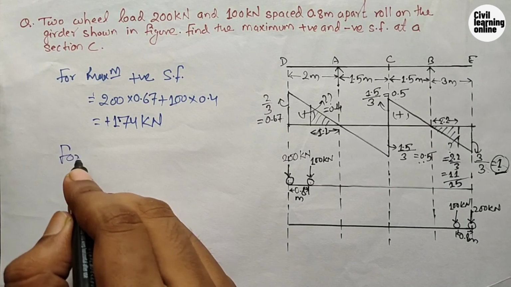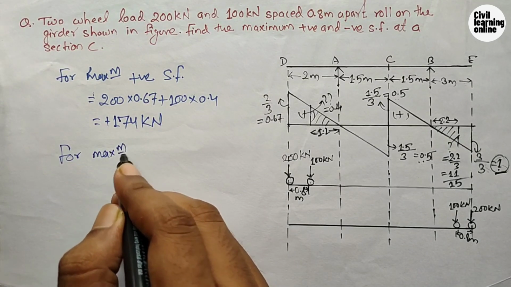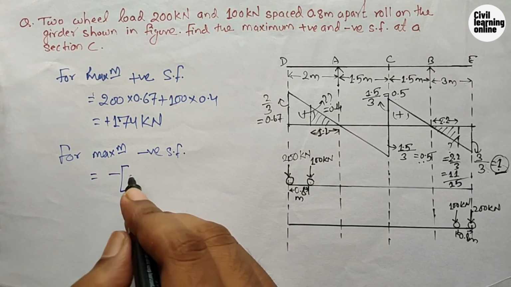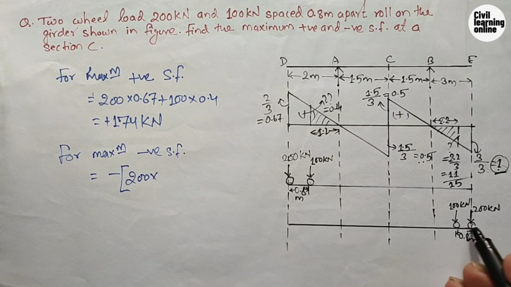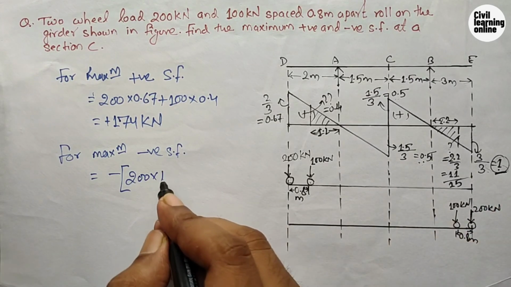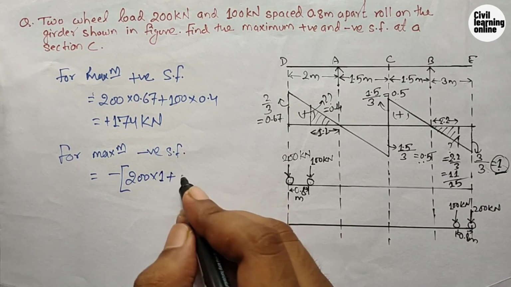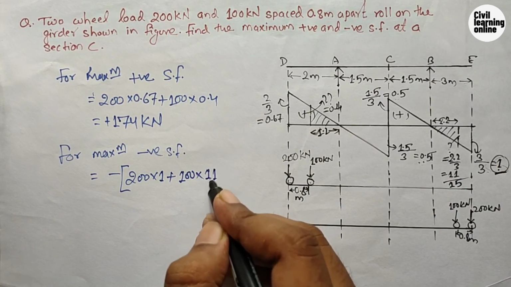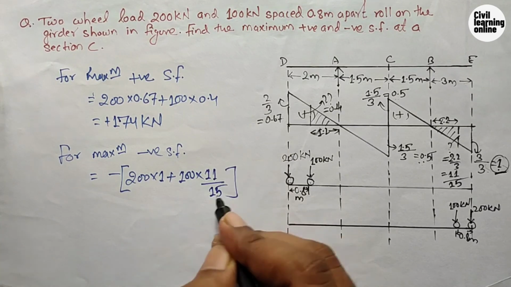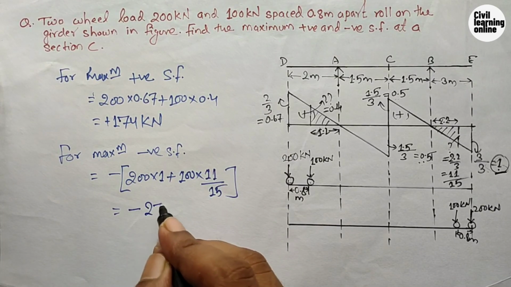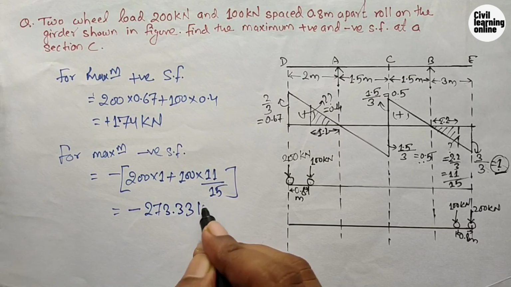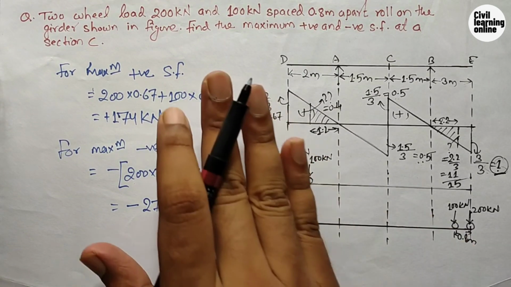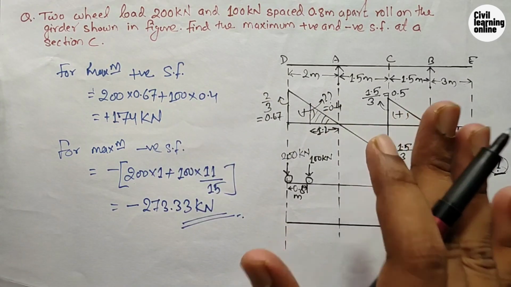Similarly, for maximum negative shear force, we will have minus 200 times the ordinate, which is 1 here, so 1, plus 100 multiplied by 11 by 15, and we will get here negative 273.33 kilonewton. So this much for the influence line diagram for the overhanging beam for the shear force.